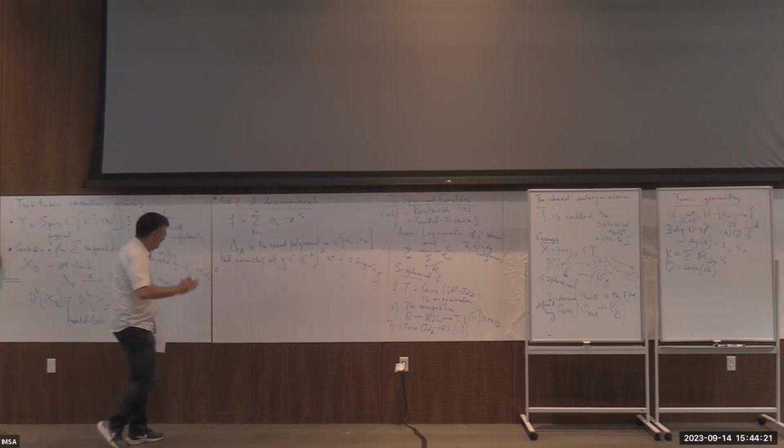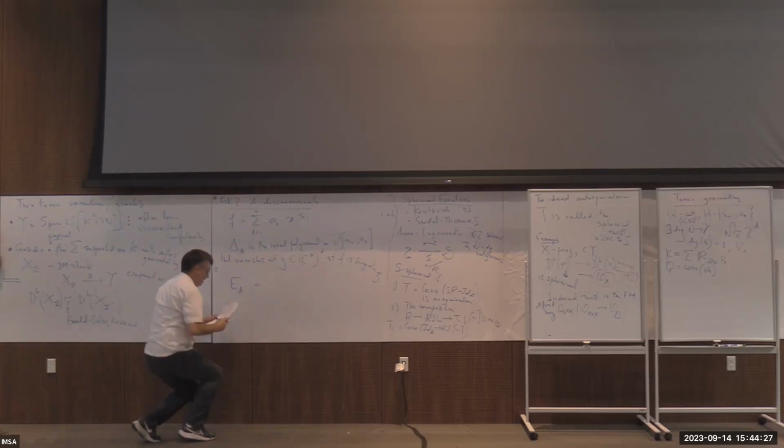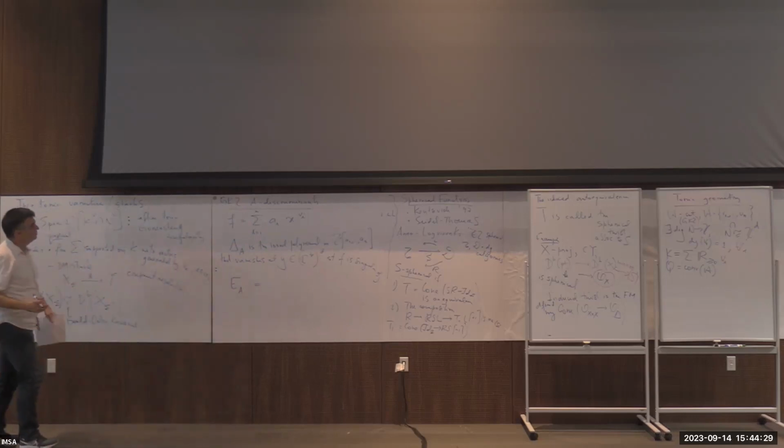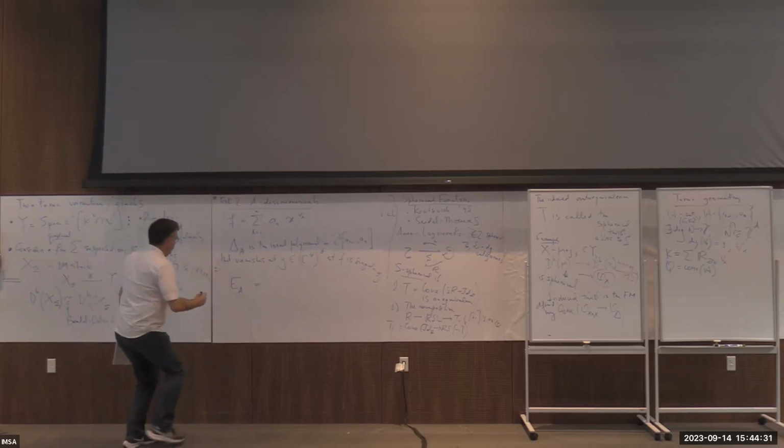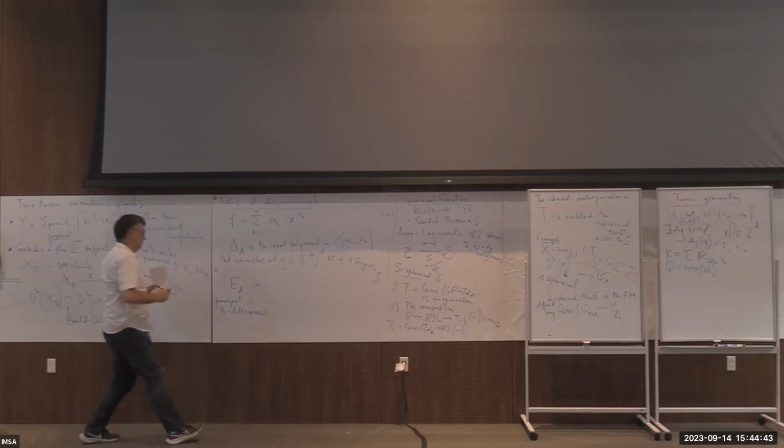So as I promised, one more important factor is this object called EA, which GKZ call the principal A determinant. You want to know the reason for this name, you should ask them, I guess.